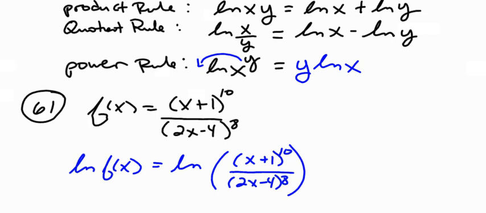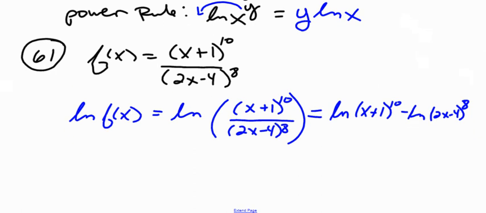And then from here, I can use my properties that we just did for this side of the equation. I can split this quotient into 2. The natural log of 2x minus 4 to the 8th power. I can also then use the power rule in this case.